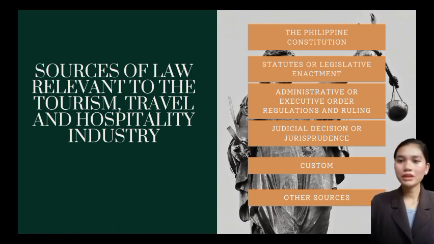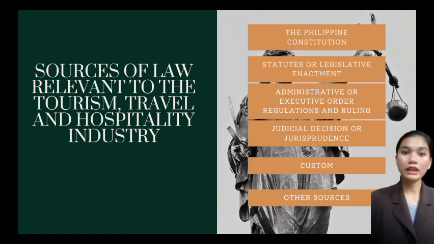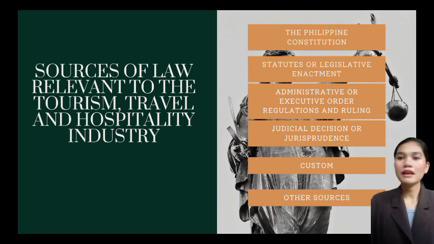Next, administrative and executive orders, regulations, and rulings. Administrative and executive orders, regulations, or rulings play a crucial role in shaping the legal landscape of the tourism, travel, and hospitality industry. Government agencies often issue regulations to provide detailed guidelines on matters such as licensing requirements, safety standards, and business operations within the industry.